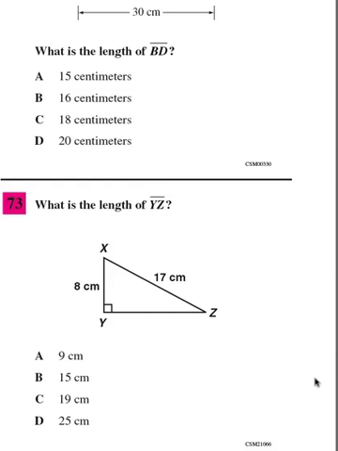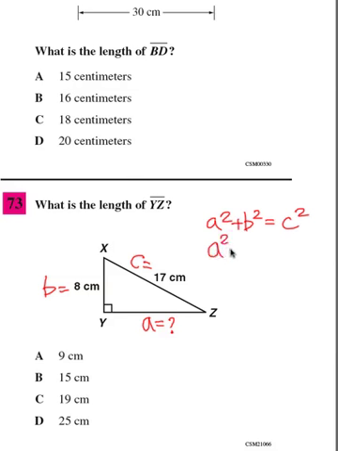Problem 73. What is the length of YC? So we have a problem like the one we just saw. What is the length of this side? This is B and this is C. Have a right triangle. A squared plus B squared equals C squared.